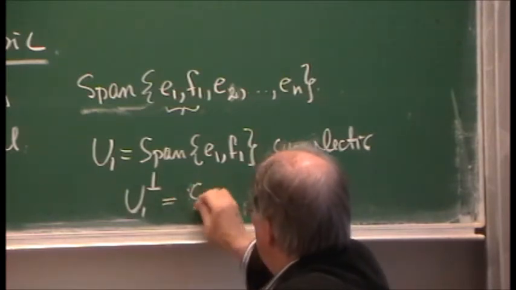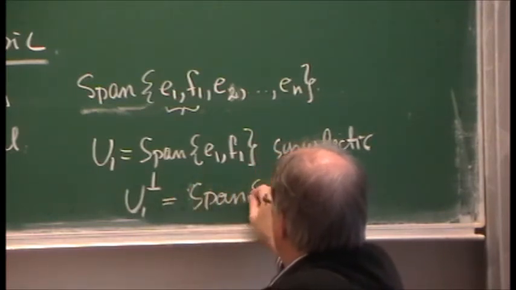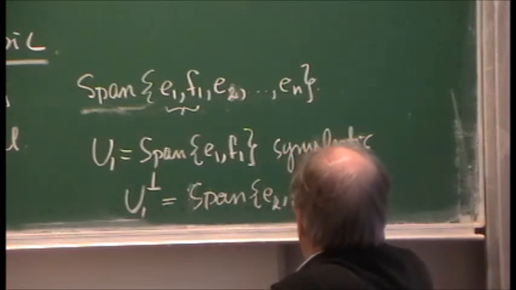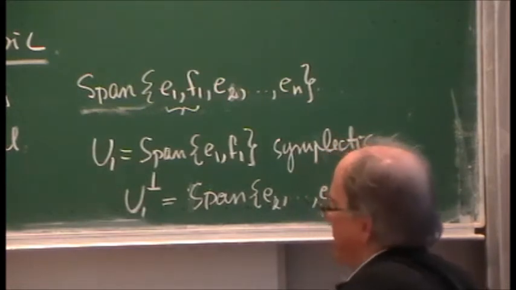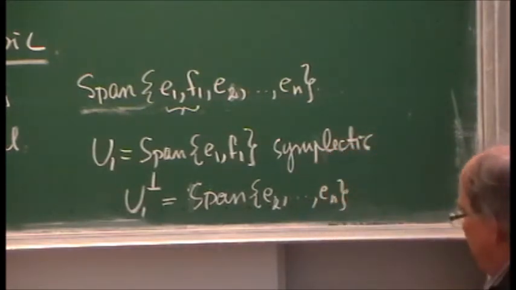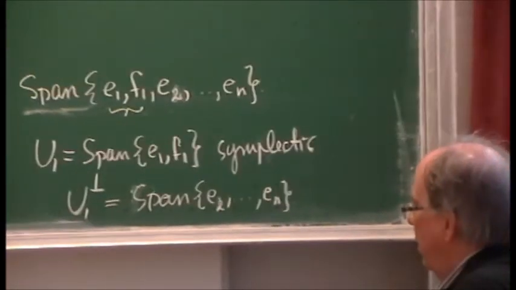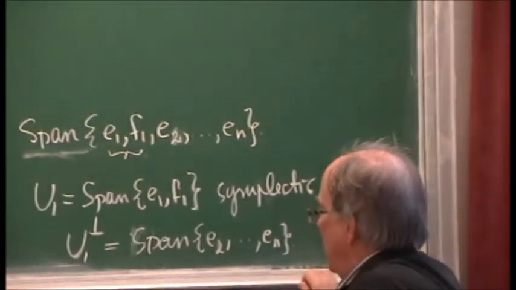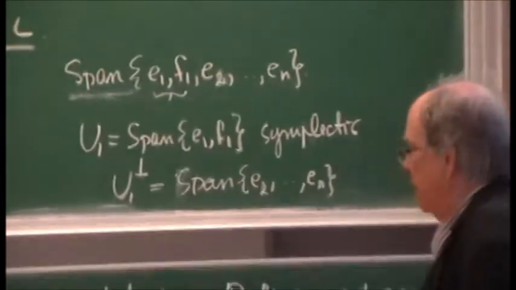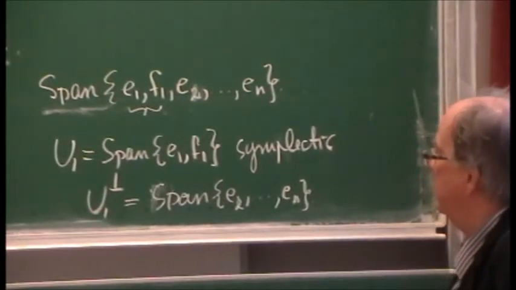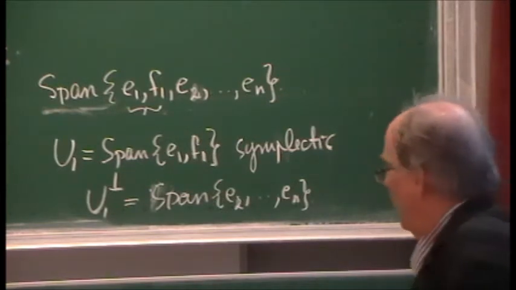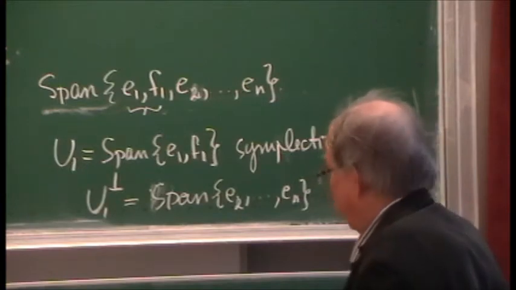So it's the span of E1, E2 through En. So that's completely clear. And now all sorts of crazy things could happen. So the orthogonal in the span above, or is it not the orthogonal in the whole space? I'm looking at the, that's orthogonal. Thank you very much.